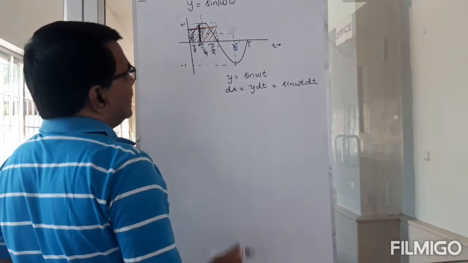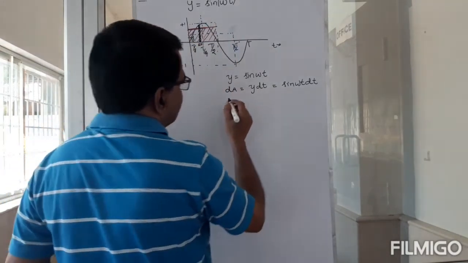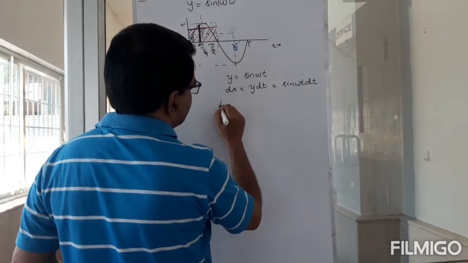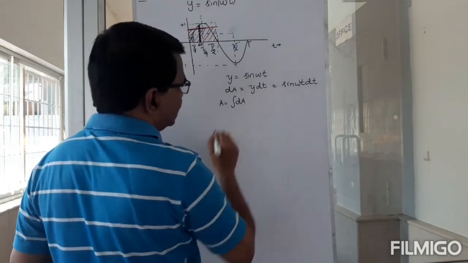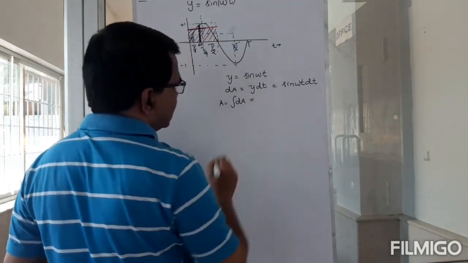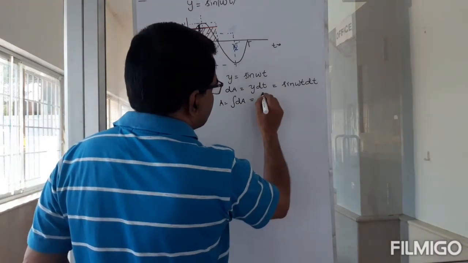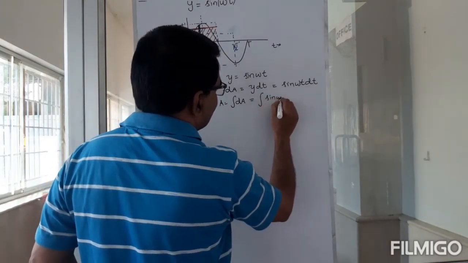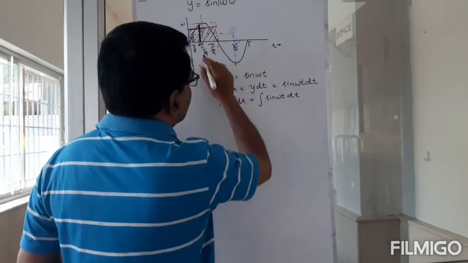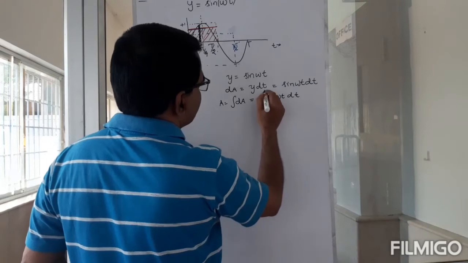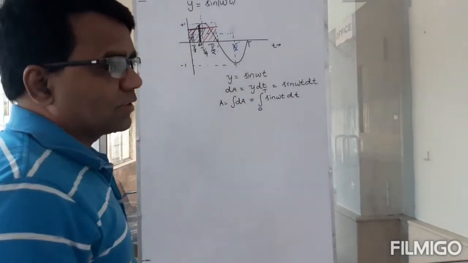Now if you want to integrate it from 0 to t, the area is equal to the integral of dA, which is the integral of sine omega t dt. dt is the quantity that is changing, from 0 to t.